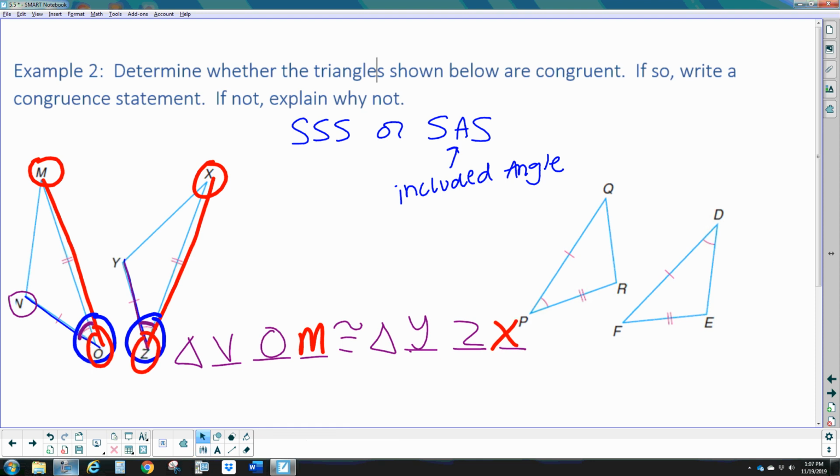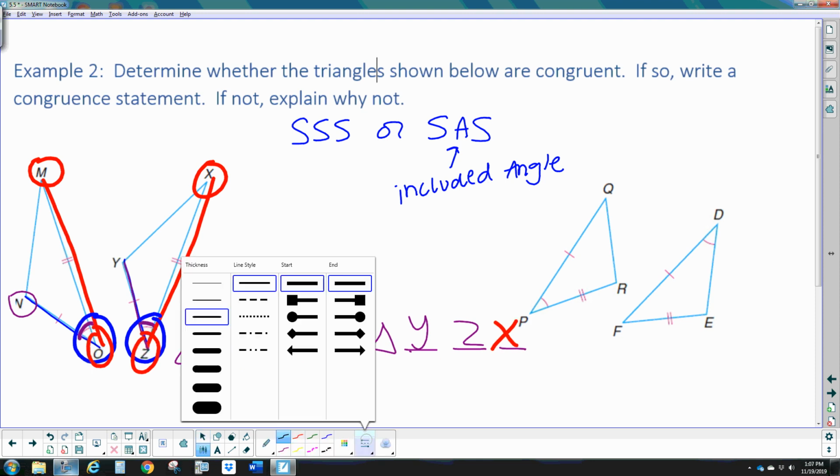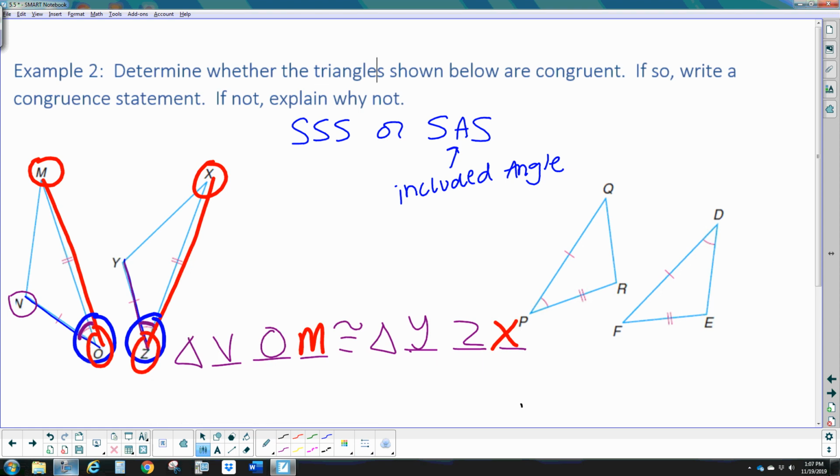Okay, now let's look at the second diagram. And here I have a side, I have an included angle, and I have another side. But here I have a side, and this is not included. It's not included because I don't know DE.